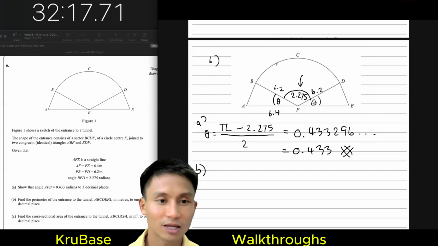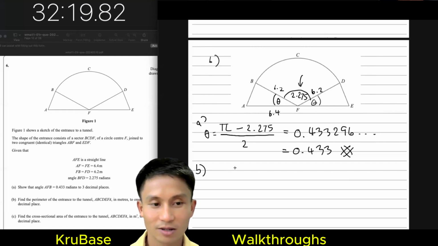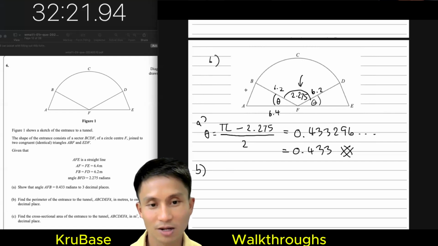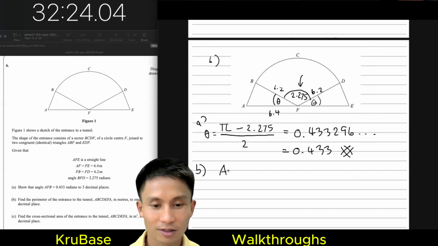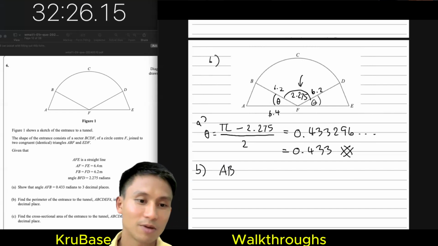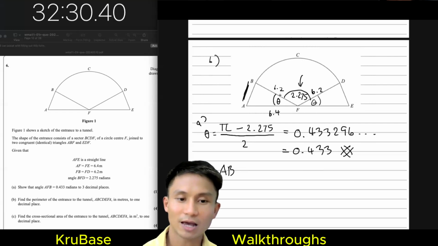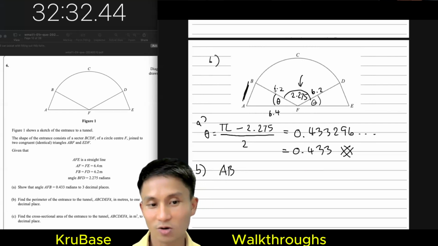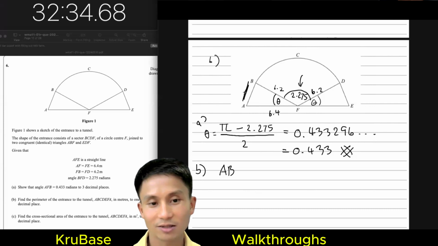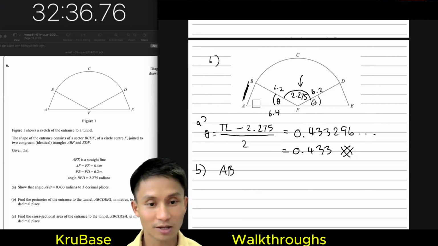We know AF already, and we can find the arc, right? So this part here, AB. How are we going to find AB? We already know the theta here. We have a triangle, and we know the angle between the two known sides. That should be a cosine rule, right?